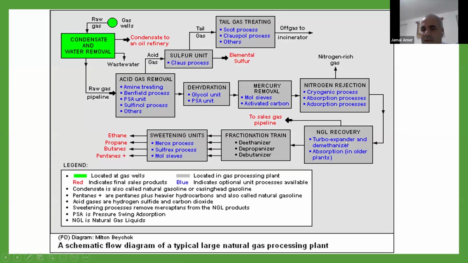Then we have NGL recovery, turbo expander, and de-ethanizer absorption in the older plants. Then we have fractionation trains, de-ethanizer, debutanizer, and here the gas, the red color, is the same gas for pipeline. C1 is sent from this point, NGL recovery, while we have NGL as a byproduct of natural gas treatment, which will be sent to the fractionation system.